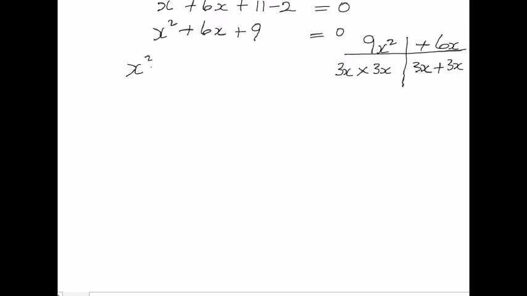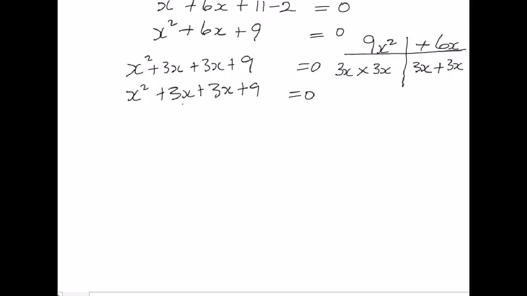So we can now use the two numbers. x squared plus 3x plus 3x plus 9 equals 0.